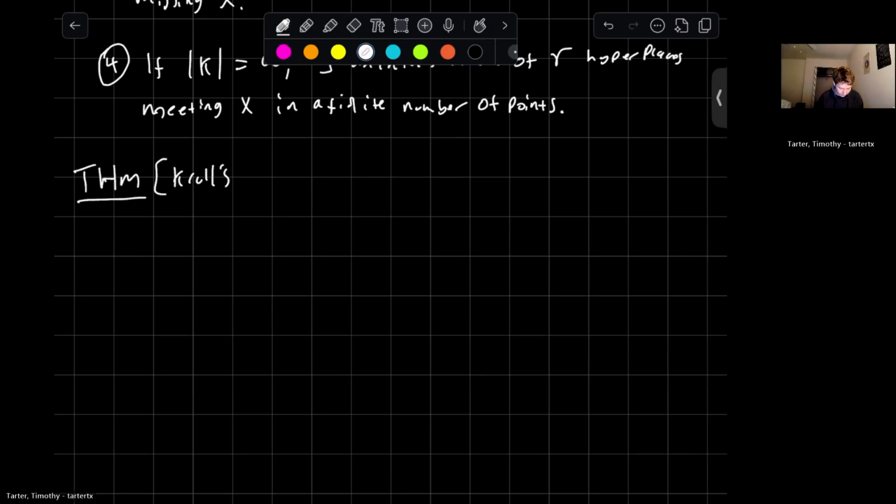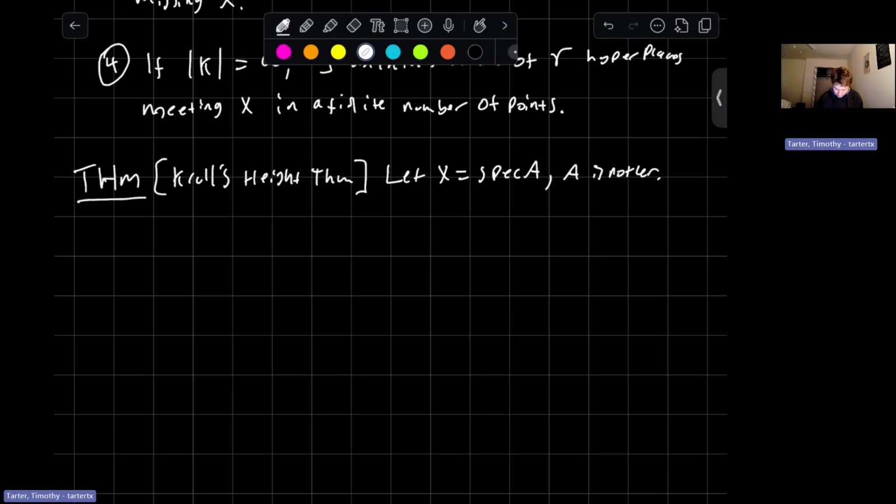So Krull's height theorem. Let X be an affine open where A is Noetherian.